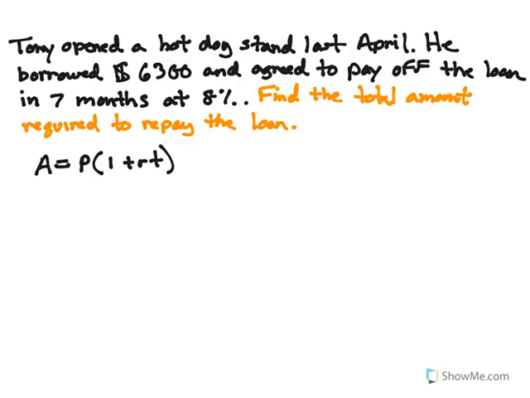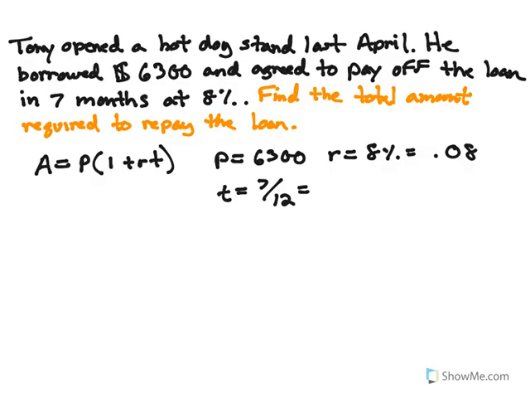So again, the principal is still going to be what we borrowed, the original amount borrowed, which is $6,300. The rate is going to be 8%, but when you convert that to a decimal, it's going to be 0.08. And then, of course, the time is going to be 7 out of 12 months.